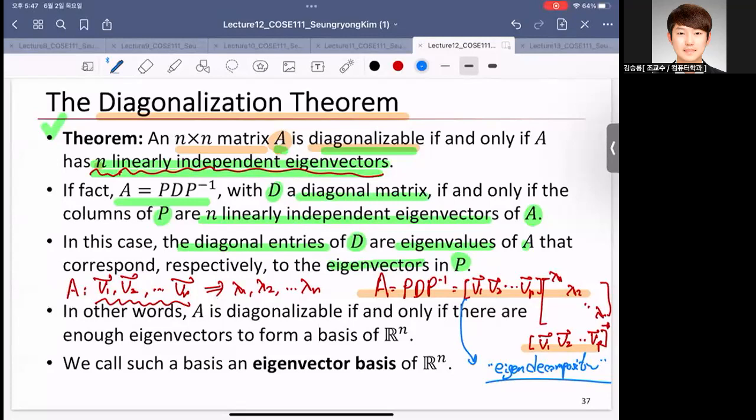So eigenvalue decomposition is one of the most important concepts in this semester, in the linear algebra part, because this kind of factorization has so many advantages.